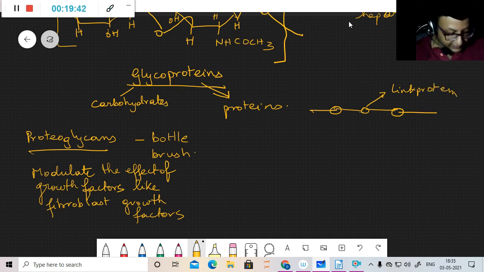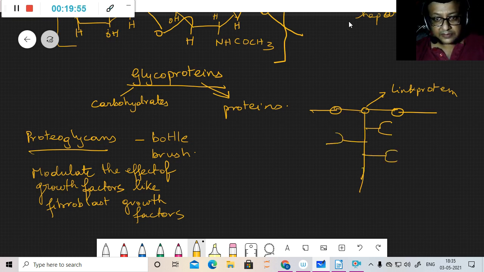And now to this you have added these carbohydrate groups. See that these are the glycans, or the carbohydrate part.